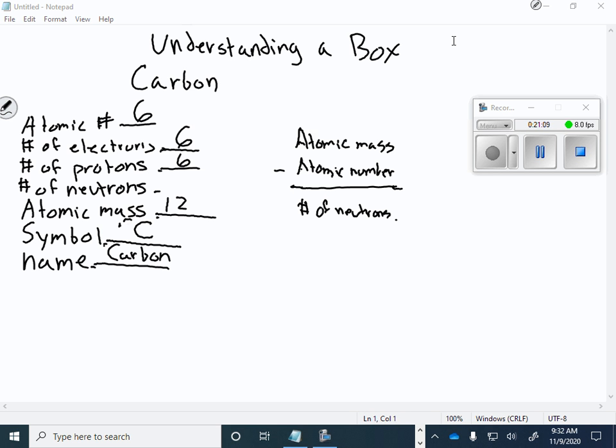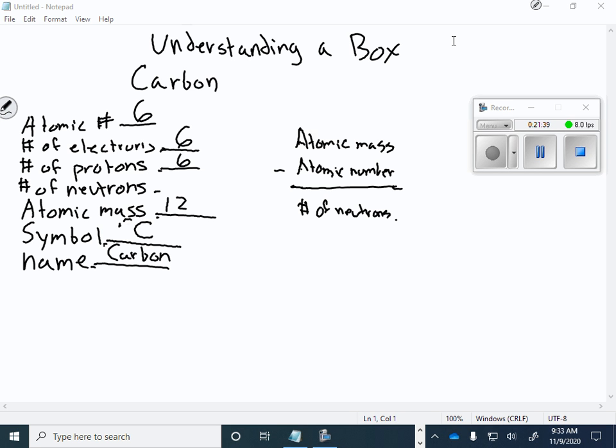Okay. So the bottom number is always the atomic mass. That tells us how much one of that atom weighs. So 1 carbon atom weighs 12. Okay. The units that we use for that, you don't have to memorize, but it's AMUs. And that's atomic mass units. And so it weighs 12 atomic mass units. Like I said, you don't have to memorize that one, though.